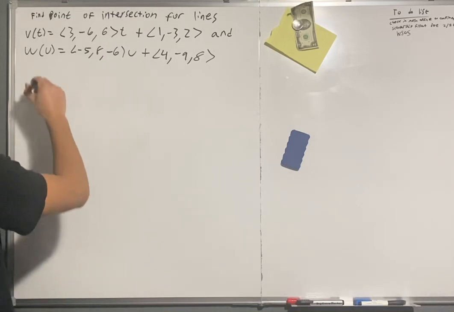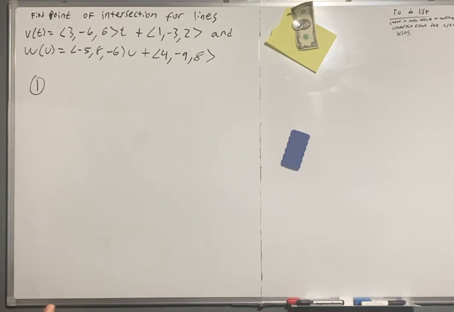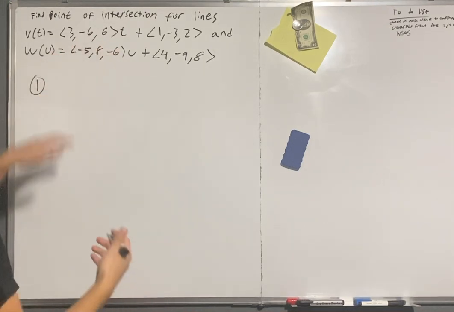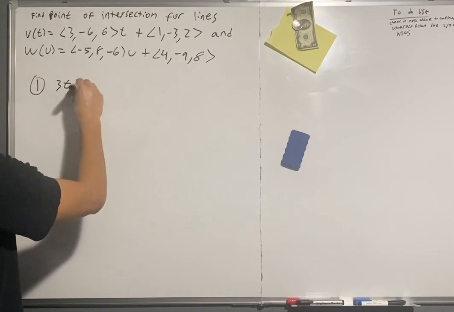So first things first, we're going to start off by combining our vectors. So we're going to get 3t plus 1.